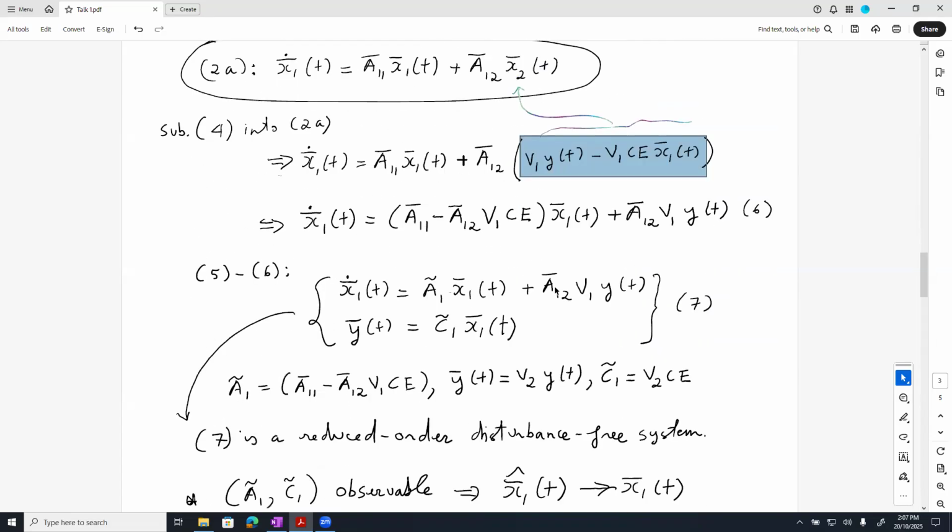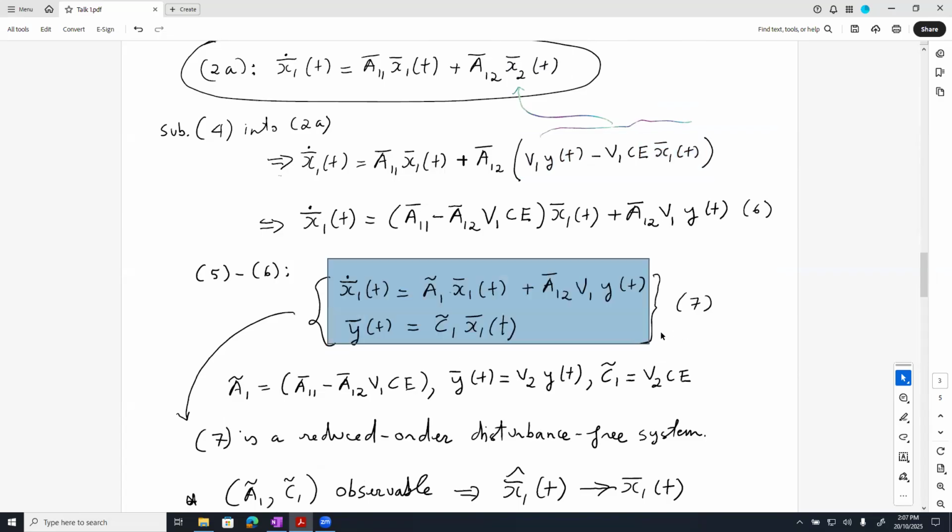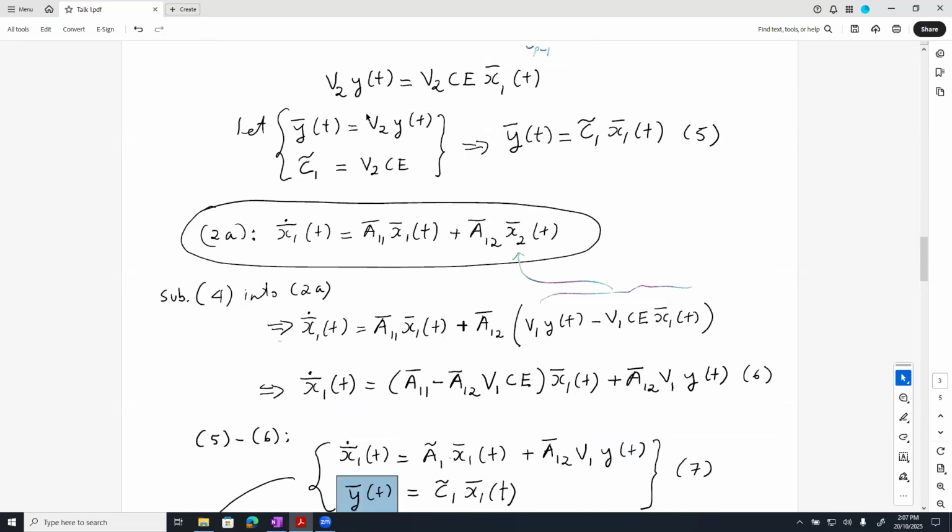And the good thing about the outcome is we got a reduced order disturbance-free system. So we got this reduced order system of dimension n minus 1 in terms of x1 bar, and in terms of the known output measurement vector. And this measurement vector y bar of t is linked to the original output measurement vector y of t.